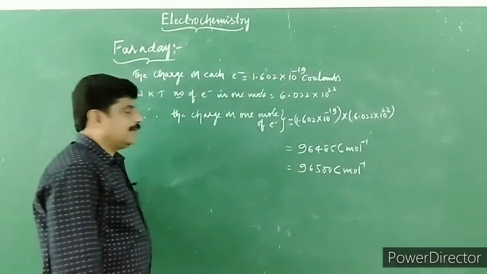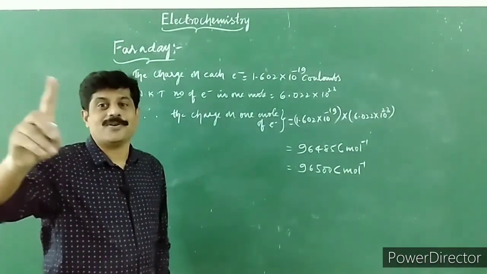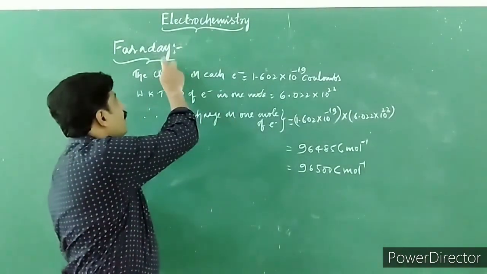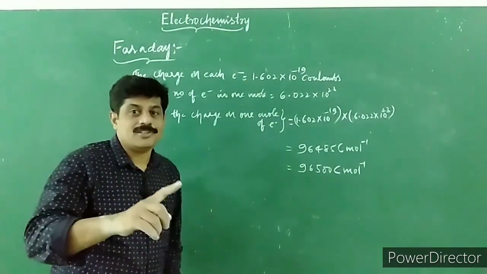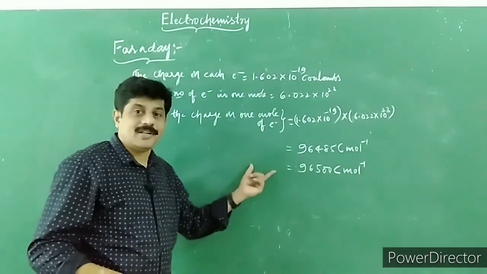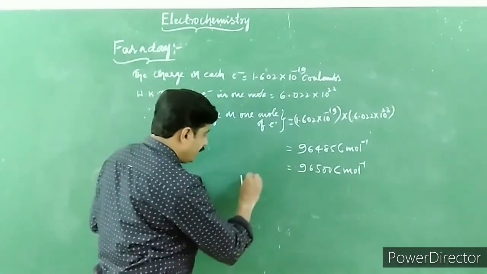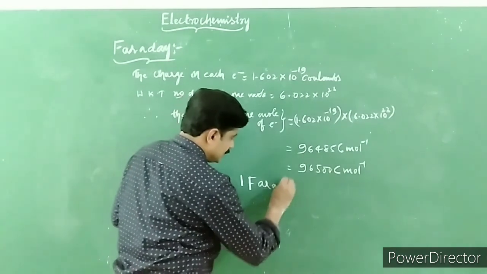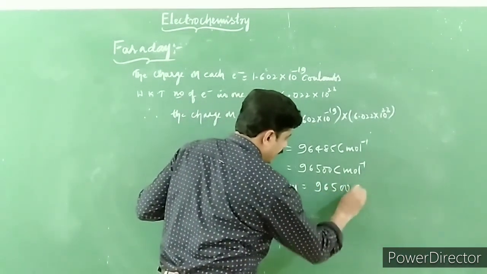Children, the charge on 1 mole of electrons is called Faraday in honor of Michael Faraday. I repeat again, the charge on 1 mole of electrons is called Faraday. In that case, 1 Faraday is equal to 96,500 coulombs.